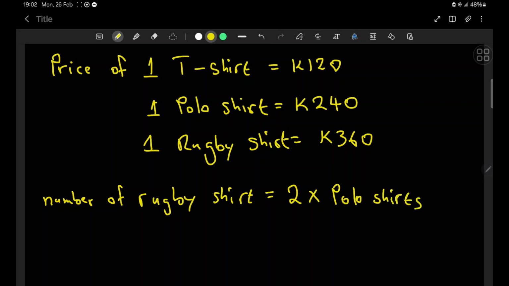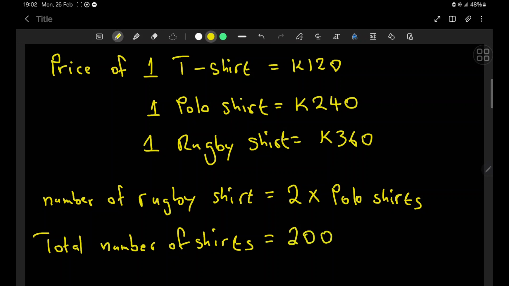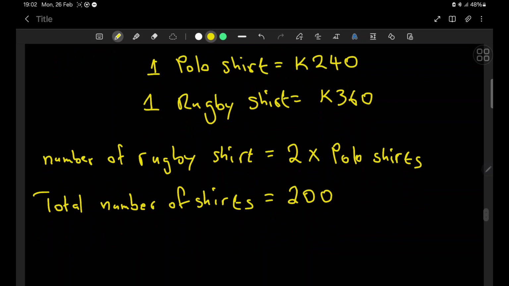Then the total number of shirts we want to restock is 200 shirts, and our total budget is 6,000 kwacha.